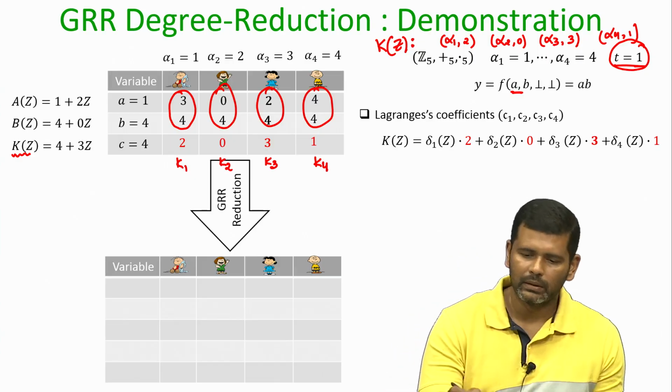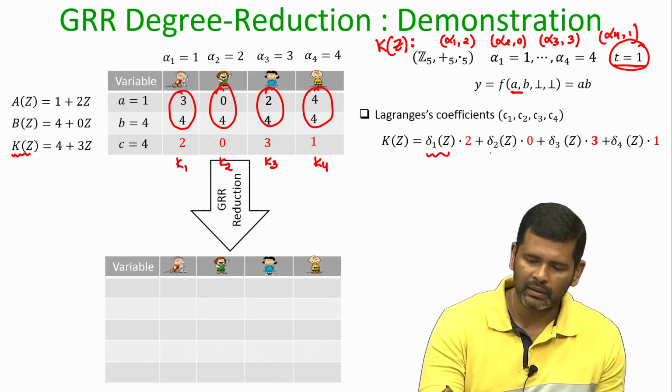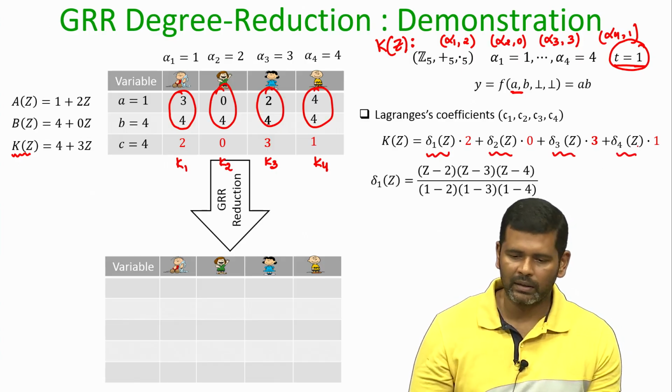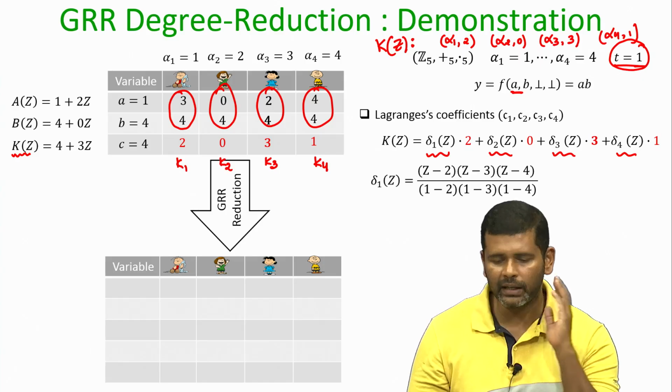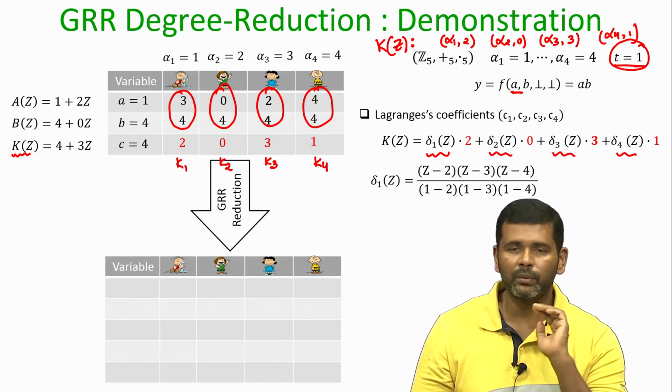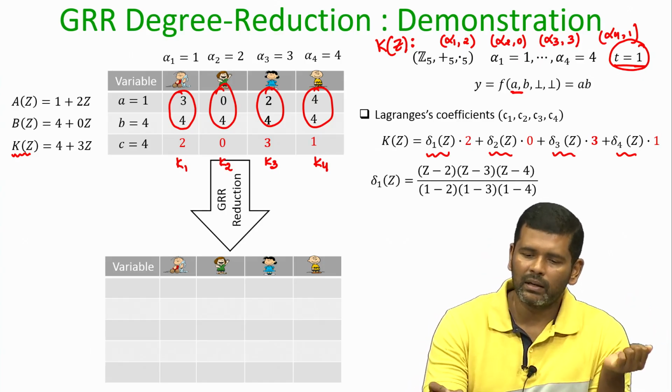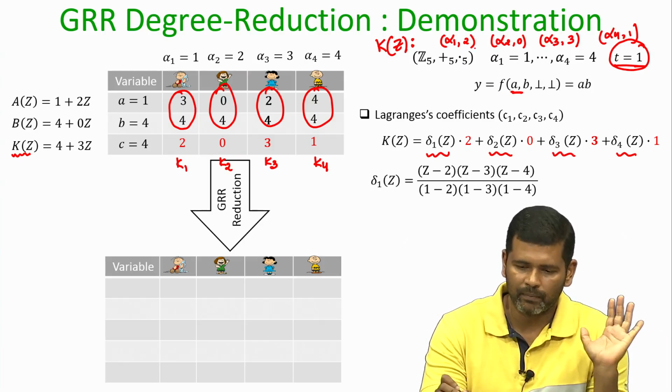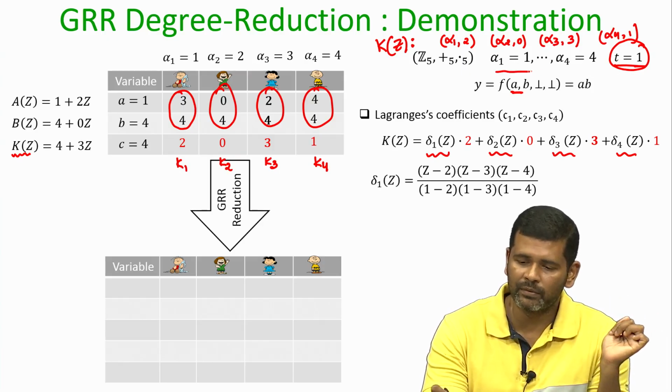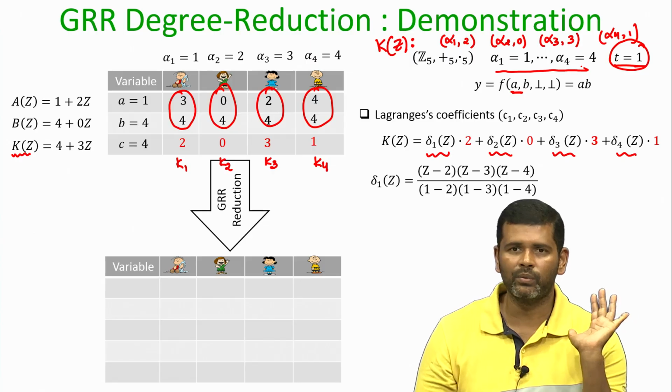That means we now need the delta 1, delta 2, delta 3, delta 4 polynomials here. The delta 1 polynomial will be a 3 degree polynomial, where in the numerator you have all the alphas except alpha 1 as the root. So, alpha 1, alpha 2, alpha 3, alpha 4 in this setting we have set to 1, 2, 3, 4.